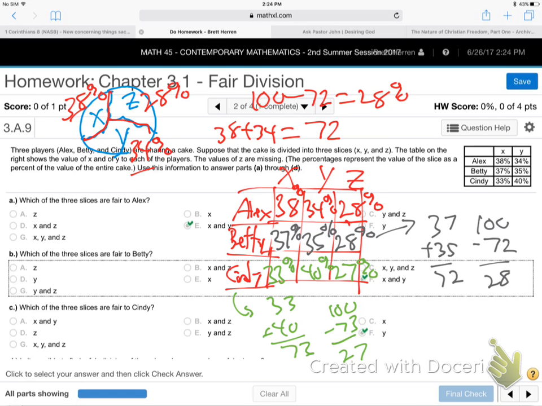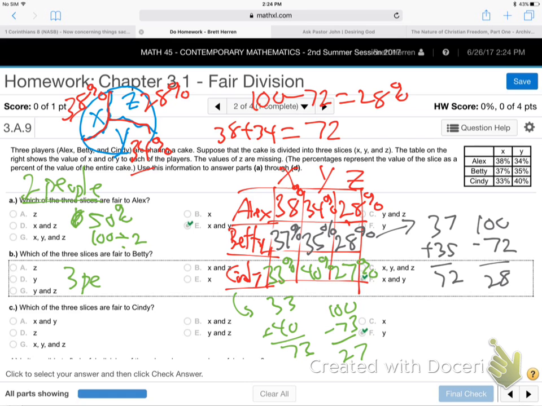So what? Well, these are just percentages. No, it's not money. We're not doing money in this one. We don't know anything about the money, actually. We're just talking about percentage of the value. So if two people are going to divide up something, what percentage do they each want to get to be fair? 50%, which comes from 100 divided by 2.